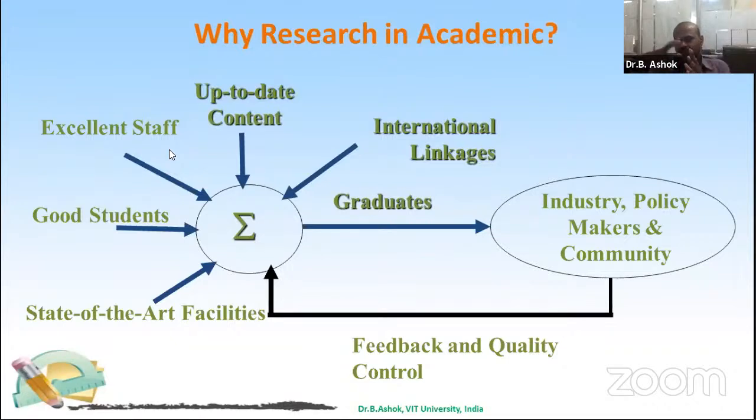For example, if we are preparing a student for electric vehicle development, he or she should know the process of EV development from the undergraduate studies itself. Then only can they develop their skills and directly adapt to the working environment in industry. By doing academic research effectively, we can fill the gap between academia and industry.